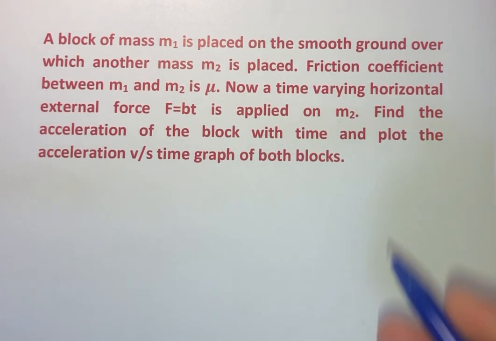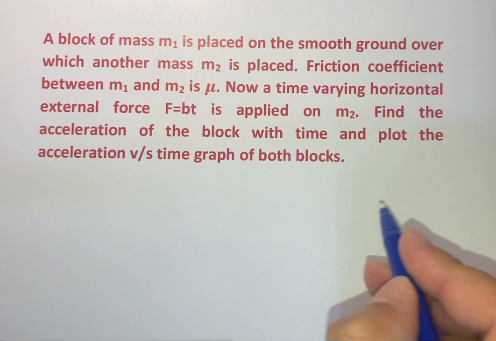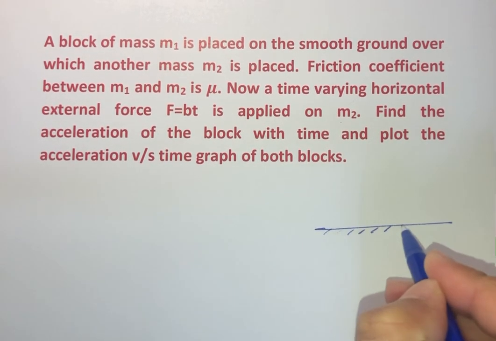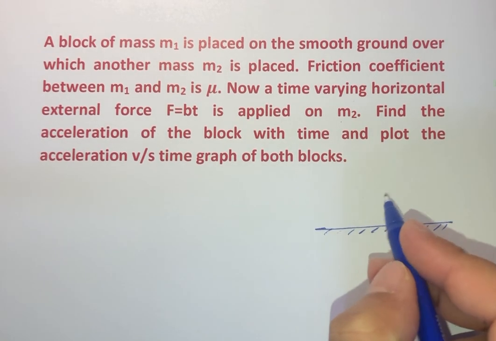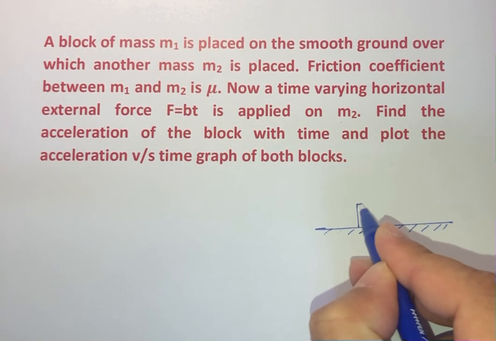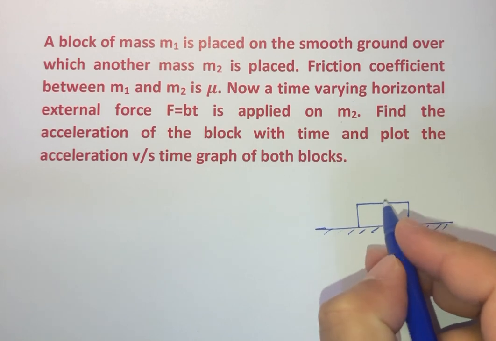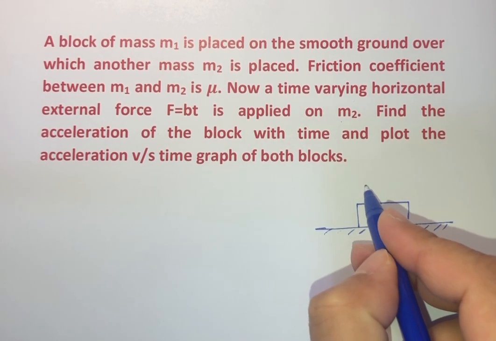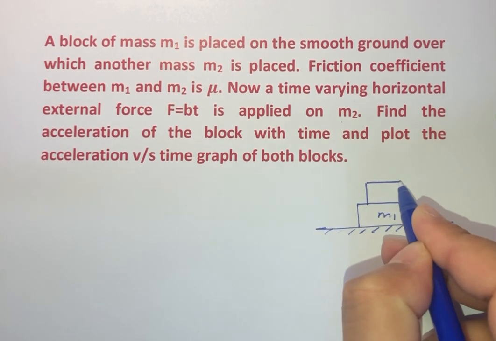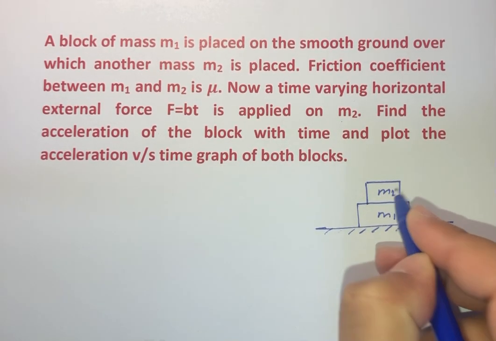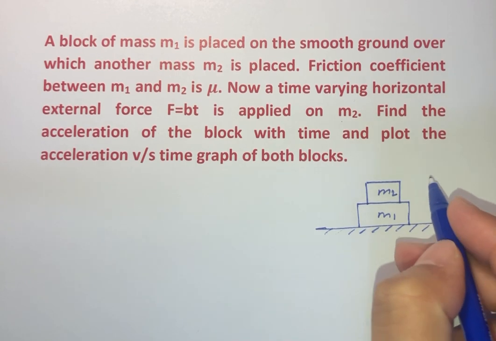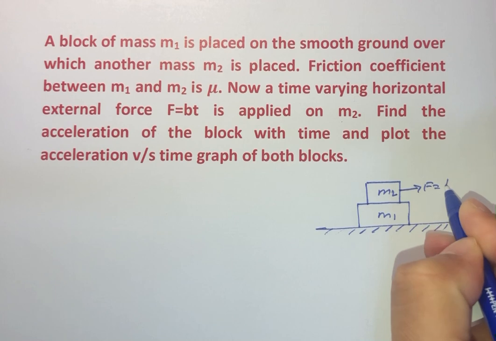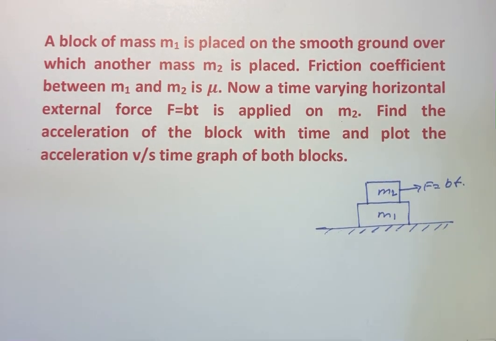So the figure is given like this. We have a smooth surface on which a block having mass m1 is placed, and above which a block of mass m2 is placed, and on this m2 a force F, which is equal to bt, is being applied.